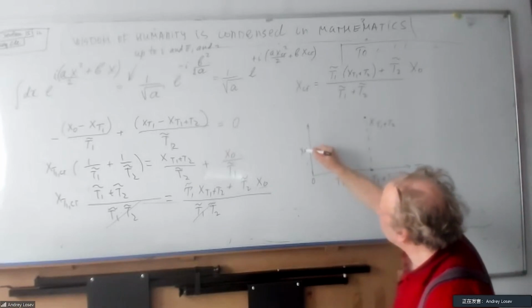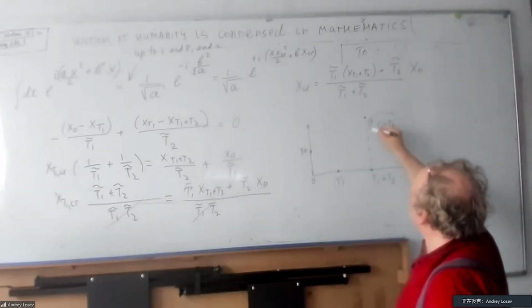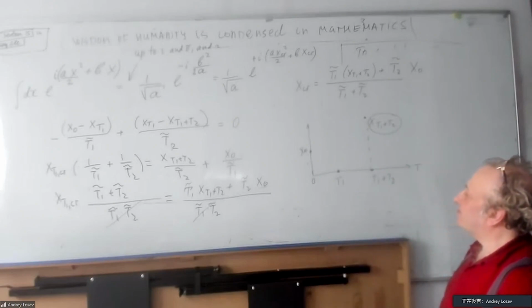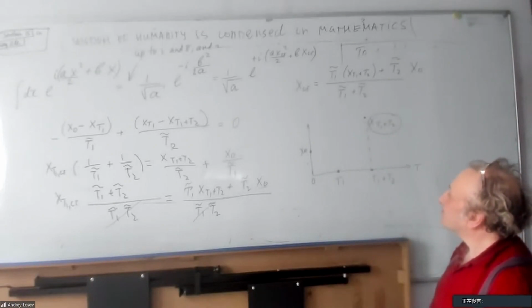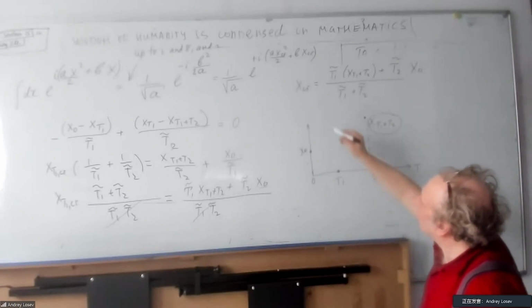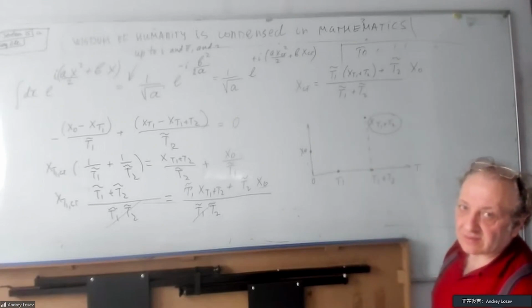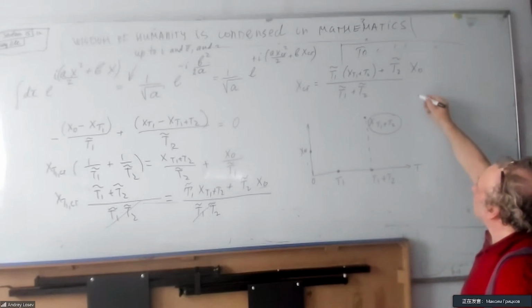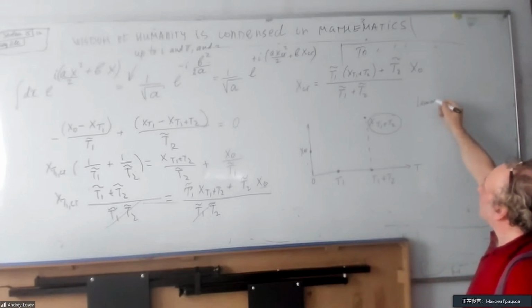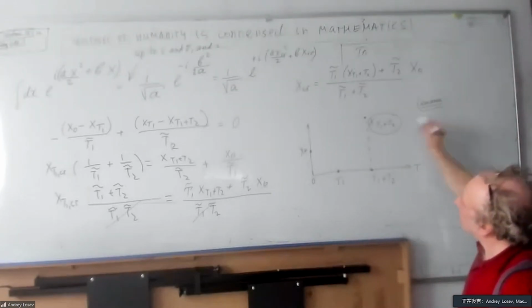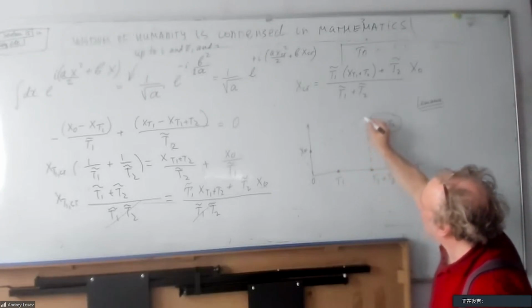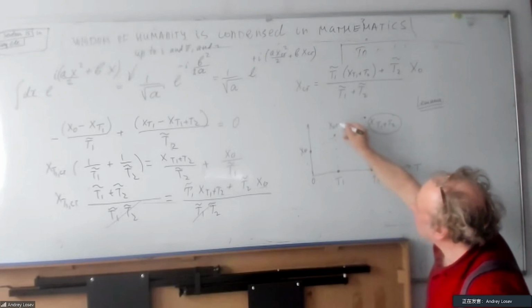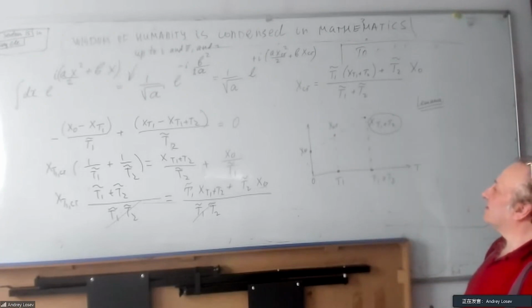Here I have x0. Here I have x_{t1+t2}. Now, where do I think x critical is? At the line which connects 0 and t. That x critical is exactly here.